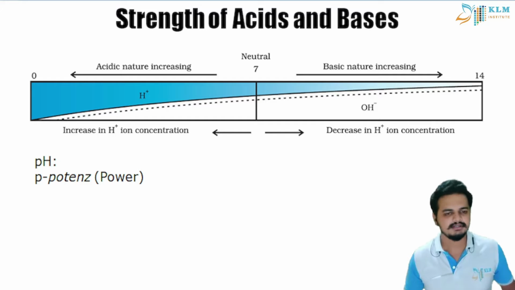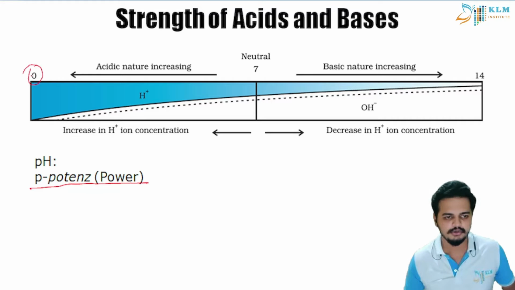So we were seeing the dilution factor and strong base and weak base. So what is the strength of acids and bases? How do you calculate it? A German scientist coined the term pH, which is known as power of hydrogen ions. This scale goes from 0 to 14, students.